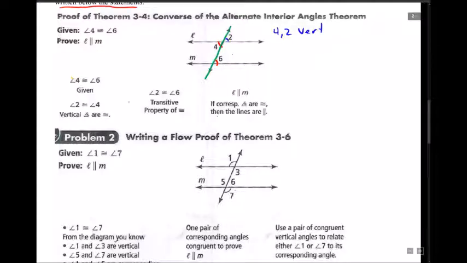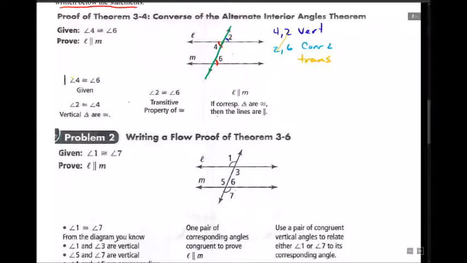And I also see that angle 2 and angle 6 are corresponding angles. So how should we approach this? Oh, and check it out. I have matching parts there, so that's going to look like a transitive property. So I have done my define, explore.